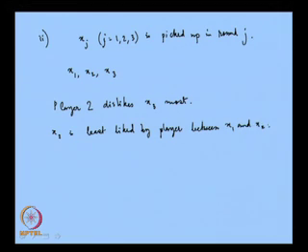And then we have x1. x1 is the rest, the object that is remaining between x1, x2 and x3. So, this is how x1, x2 and x3 are defined in this game in terms of preference of these two players.